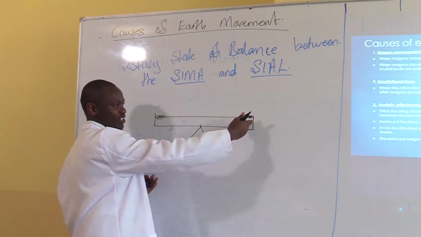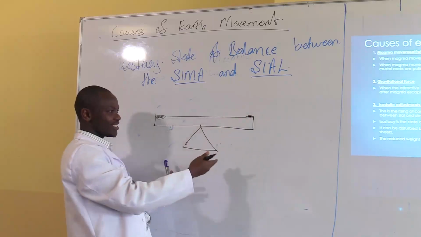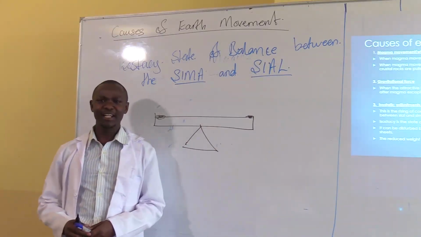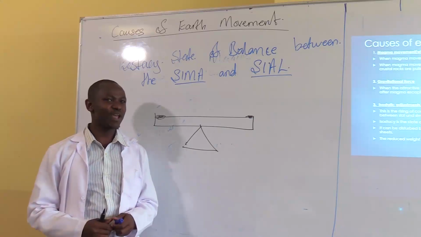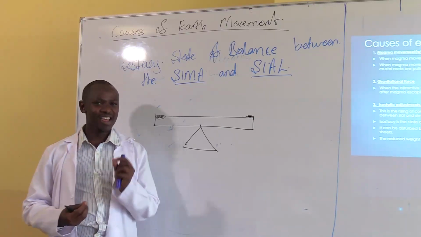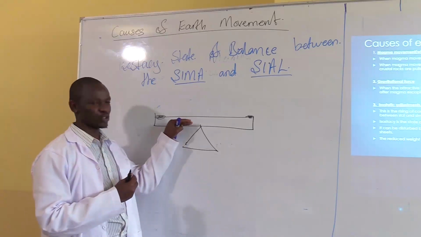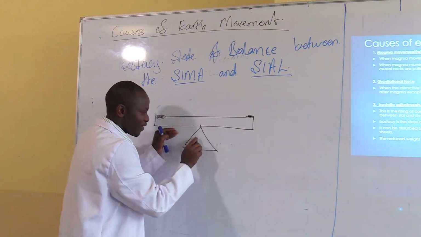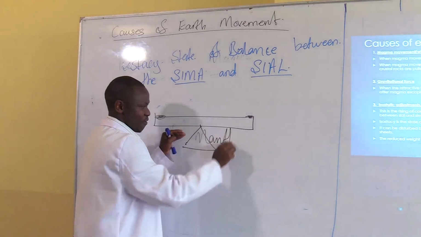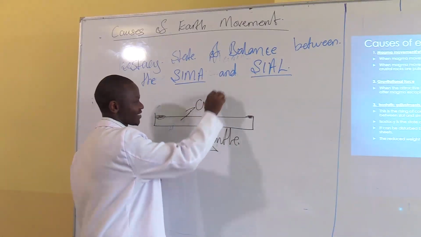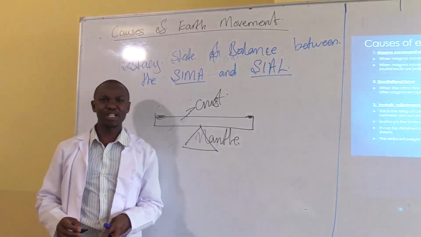Where the lighter person sits, that person is light, less weight, moving up, in that order. And that is the same way in which isostatic adjustment causes Earth movements. The crust is like a boat, like this seesaw, floating on the mantle. This is now the Earth's crust, floating on the mantle.